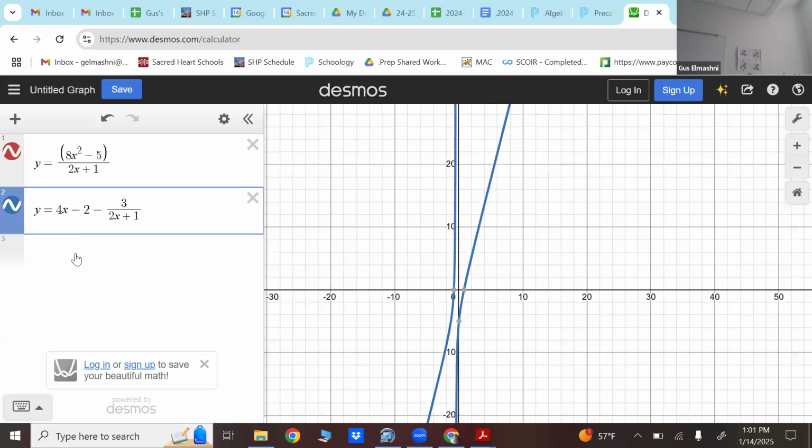The ends of the graph behave like that linear expression, when x gets really positive or goes towards negative. That's why we have to rewrite this, because it's not painfully obvious for that original. We have to do this cosmetic change to see, oh yeah, the ends of the graph will behave like 4x minus 2. That's why we have that technique. Can you graph 4x minus 2 and see that? Sure, 100%. Here we go.